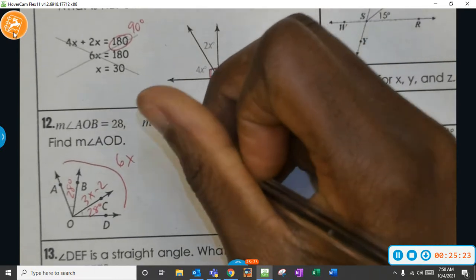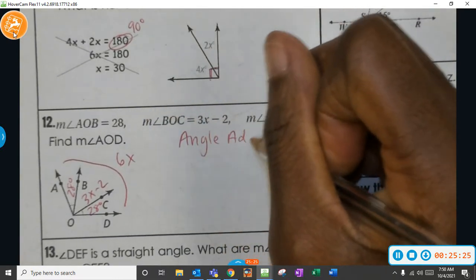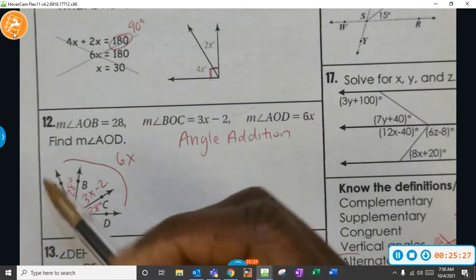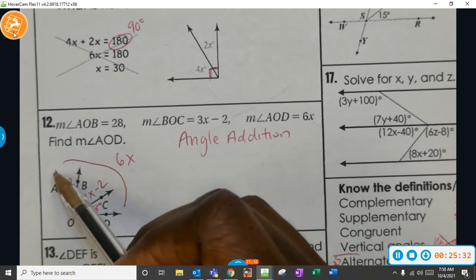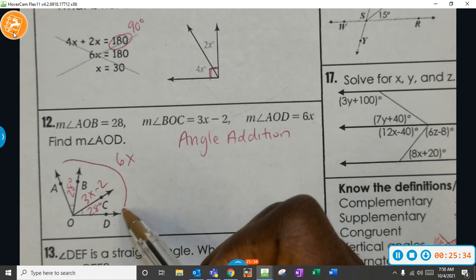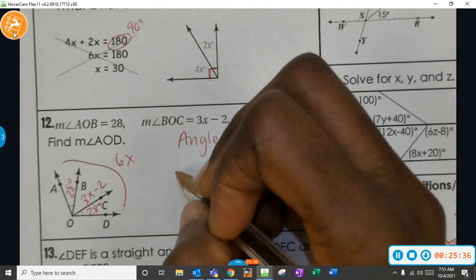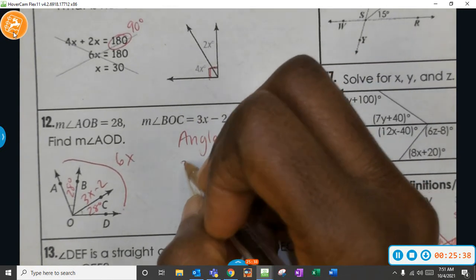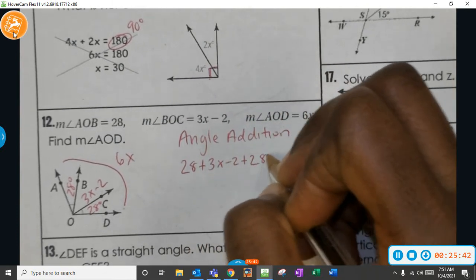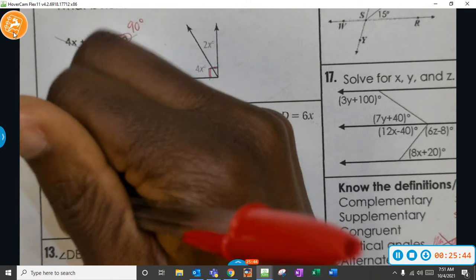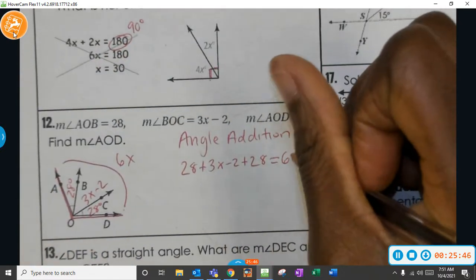Now we're doing angle addition. This is the first topic from this unit: when you add up any angles that are adjacent, which means right next to each other, and set them equal to the whole angle on the outside. So we have 3 angles side by side, equaling the whole outside angle, which is 6x.